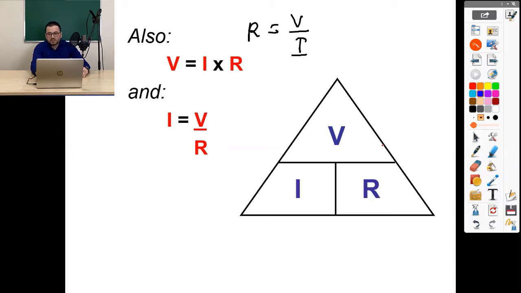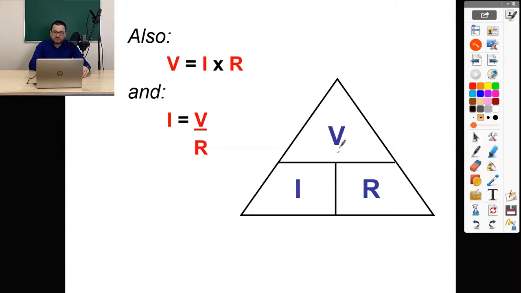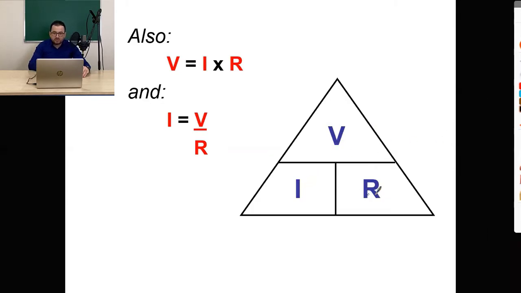And also we can write the formula by using the triangular method. For some students this method is easy. By using this technique, they can easily memorize formulas. As you see, this part is voltage, here is current, and here is resistance, and this part is multiply.